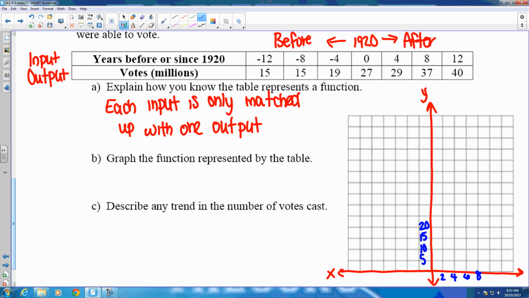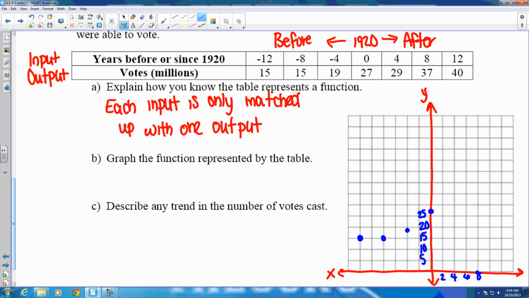Okay, now let's go ahead and graph each point. Negative 12, 15. Comes up right here with our scales. Negative 8 also goes to 15. Negative 4, 19. 0, 27. 4, 29.